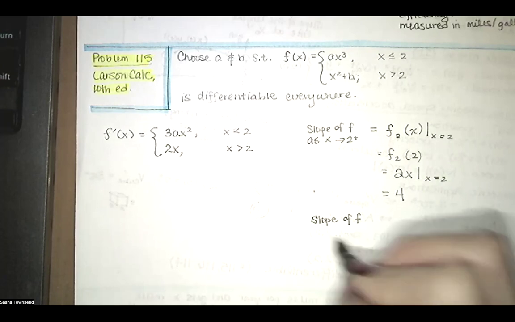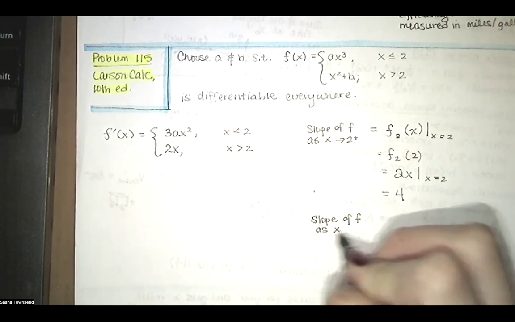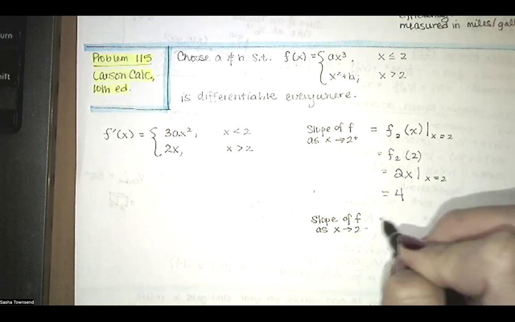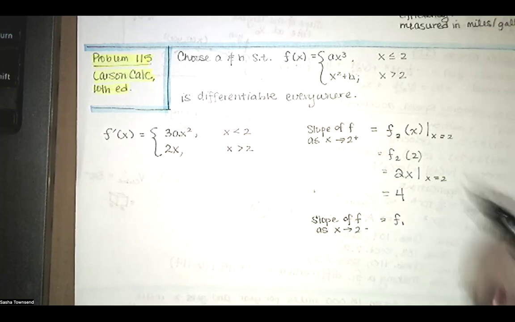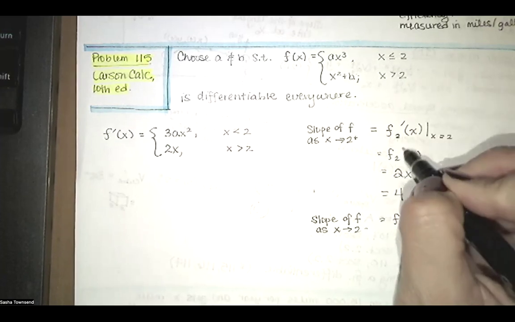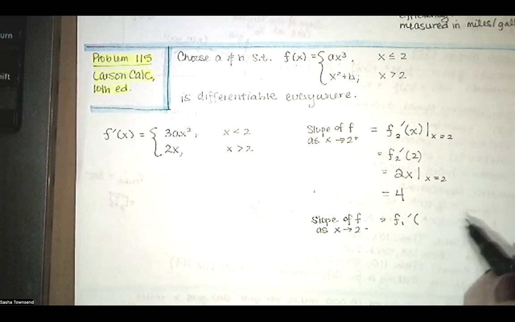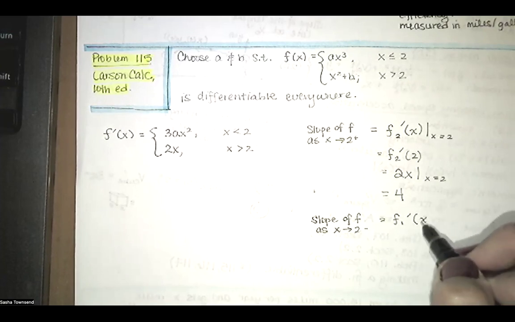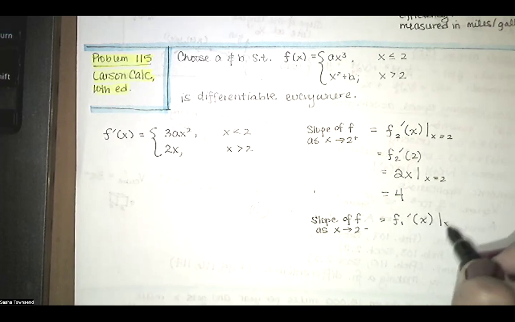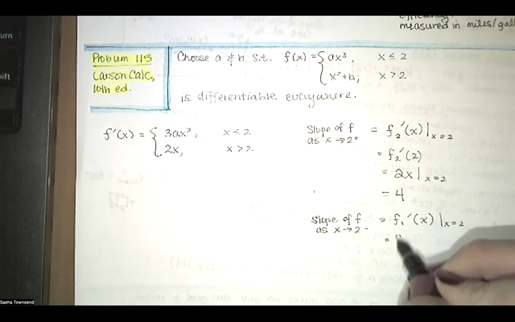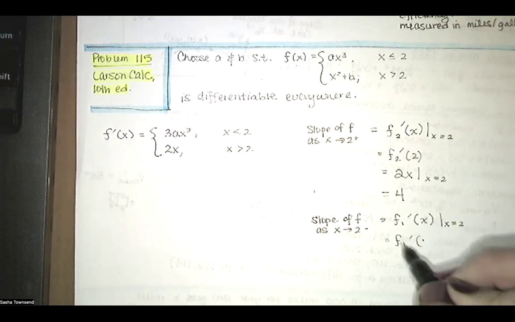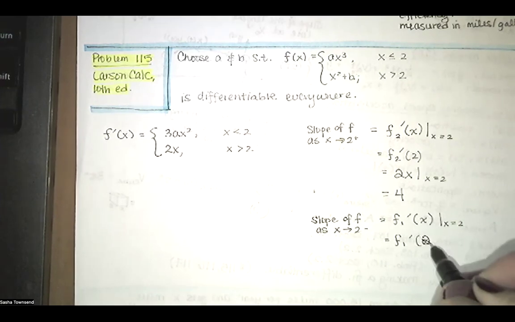So we'll have the slope of f as x approaches 2 from the left. That's going to be the derivative. I didn't put the primes there. The derivative of our first branch evaluated at x equals 2. So f sub 1 prime of x at x equals 2.